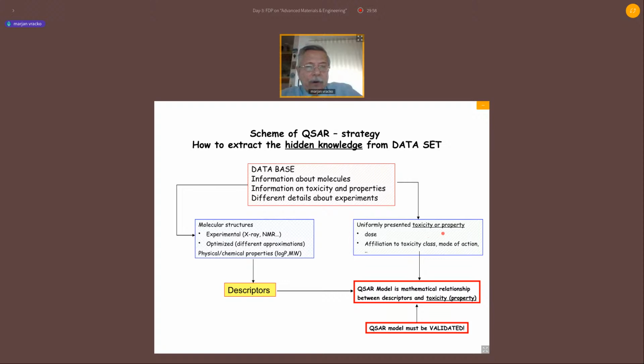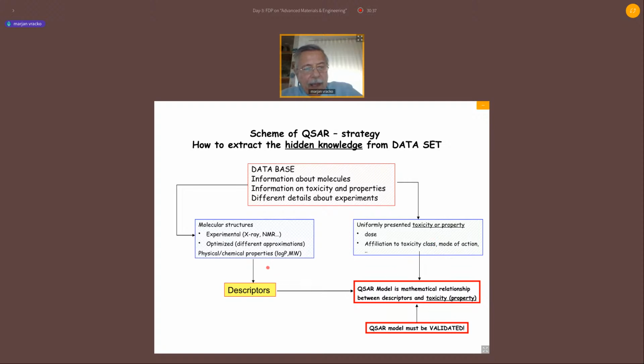So if I study biological activity, I need the same kind of biological activity for the entire set of data. For example, LD50 or IC50 or whatever I have, I need this for the entire set of data. And this property can be expressed as a number, as a dose, or classifiers. It is classified to, for example, affiliation to particular toxicity class, mode of action, and so on.